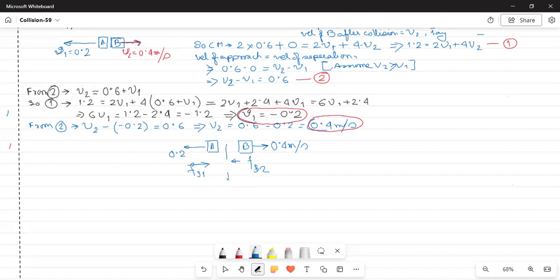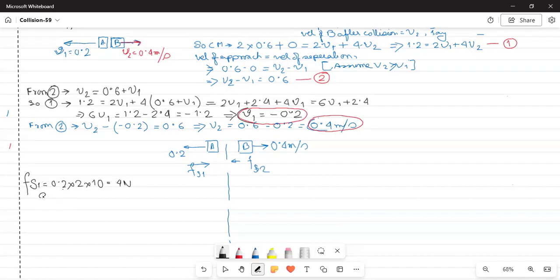If we draw a line of separation here, then we find frictional force Fs1 is equal to mu 0.2 into its mass 2 kg into g 10, which is equal to 4 Newton.